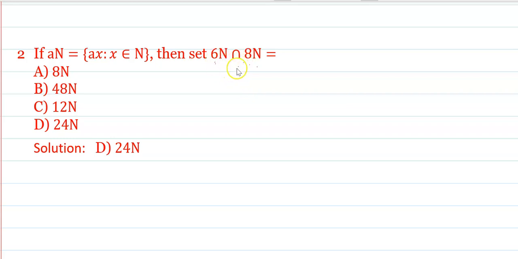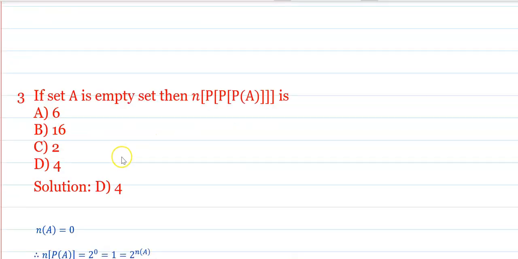The LCM of 6 and 8 is 24. We want the common elements, so the elements are the multiples of 24 from the set of natural numbers. If we multiply each element of the set of natural numbers by 24, those elements will be common. Hence option D is the correct one.